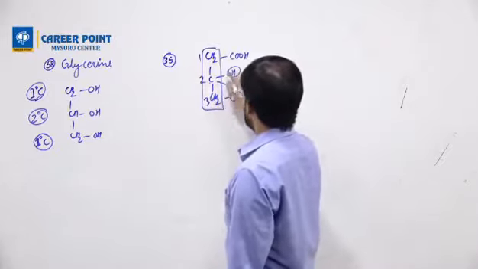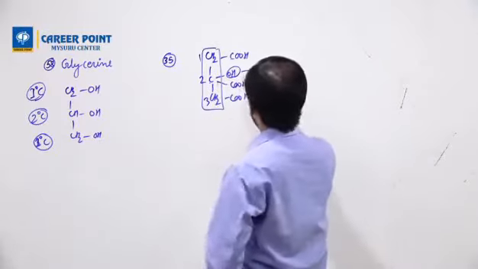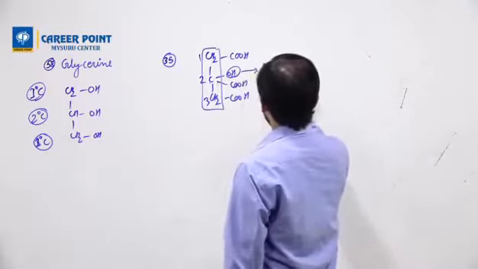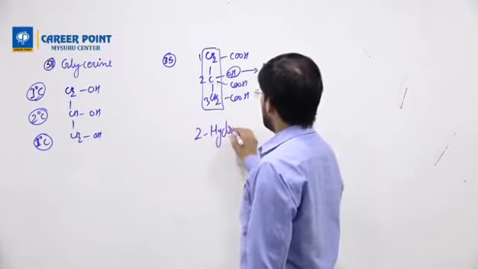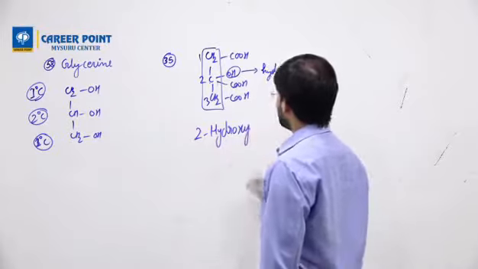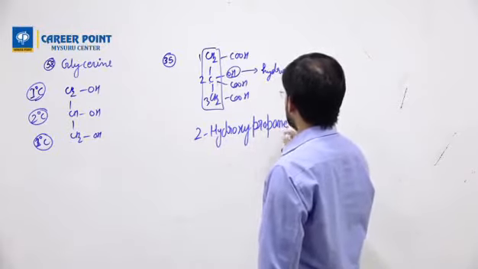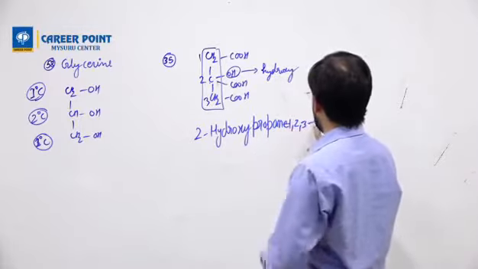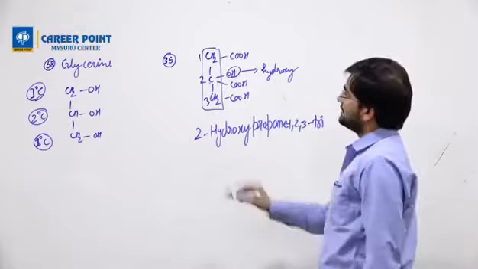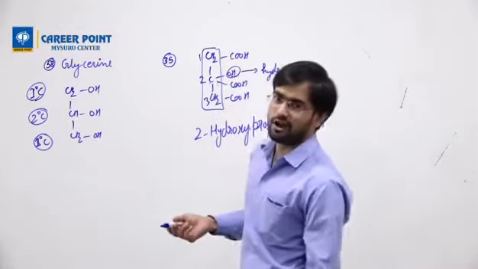This is OH. OH has a prefix. This is a secondary functional group. It has a prefix of hydroxy. So the name goes 2-hydroxypropane-1,2,3-tri. These 3 carbons and OH, and this C is not counted.